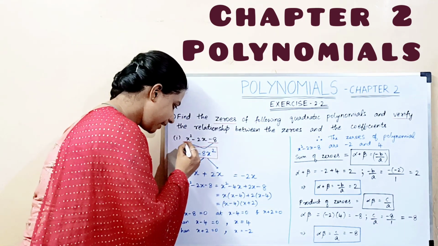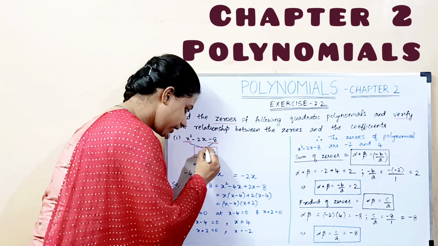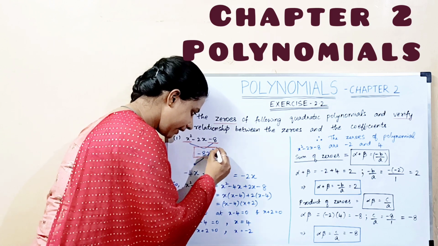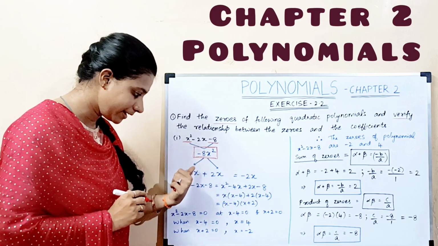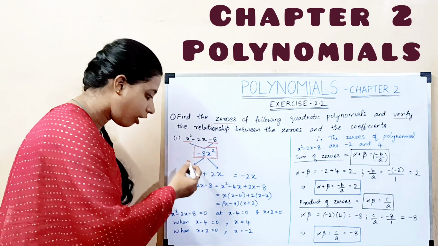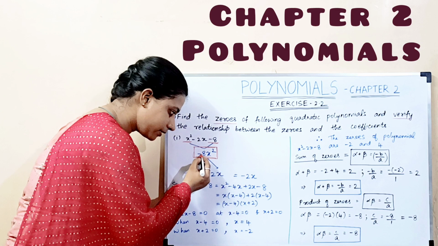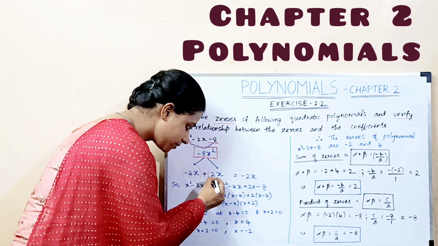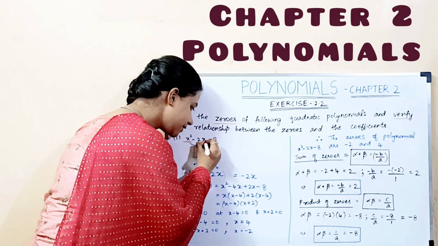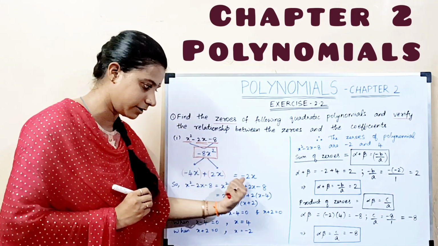So by multiplying the x square and the constant term, we are getting here minus 8 x square. This term we are going to split in such a way that on multiplying we will get this term minus 8x square, and on adding these two terms we will get this middle term or the x term.